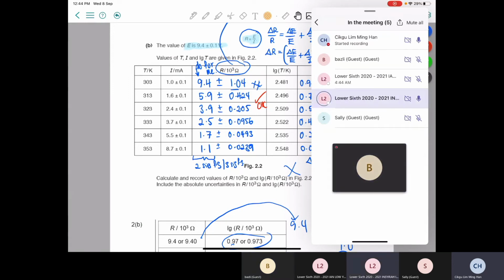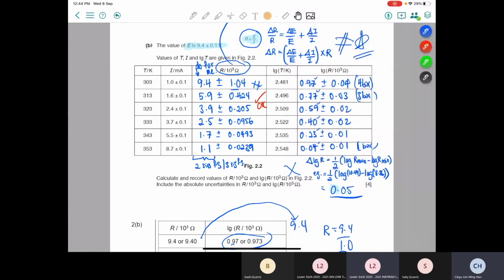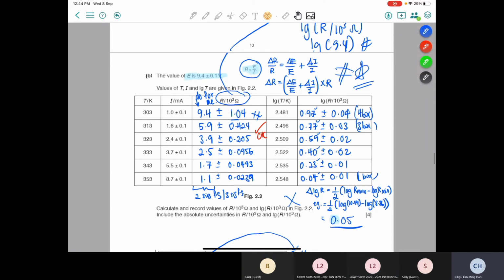Sir, I have one more question. Oh yes, please do so. The R is E over I, right? And the I is in milliampere, right? But there's no need to multiply by 10 to the power of minus 3. You mean for finding R? Yes. I'll just multiply by 10 to the power of 3.